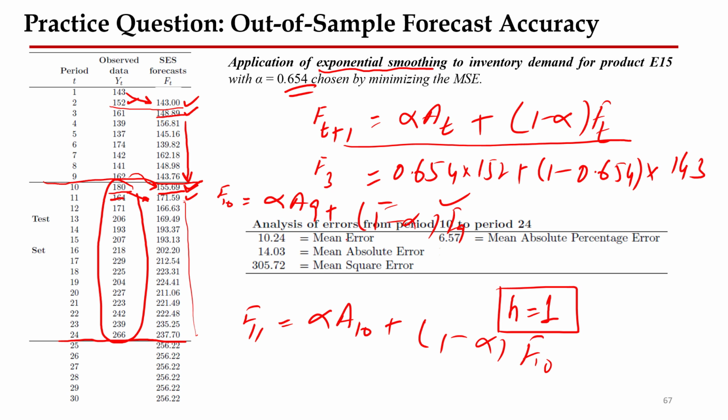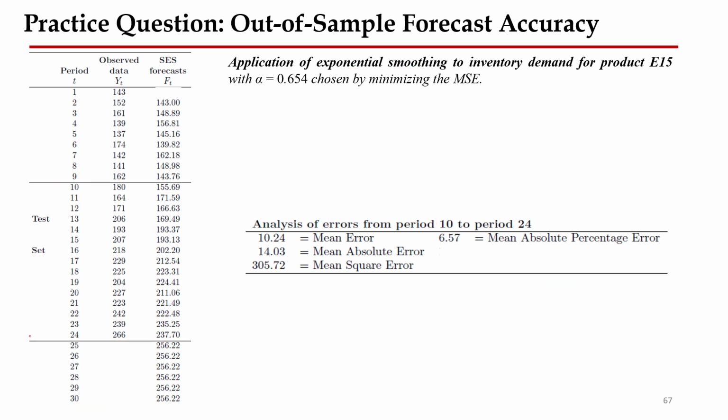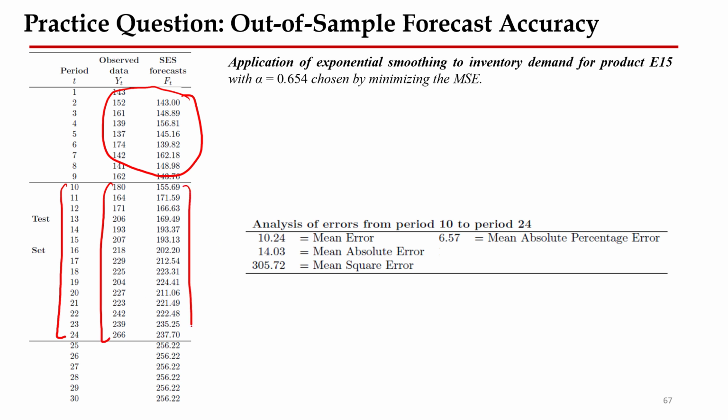Now, for the out-of-sample forecast, instead of using the earlier time periods to calculate the measures of forecast accuracies, we use this test data, the actual demand and the forecasted value.